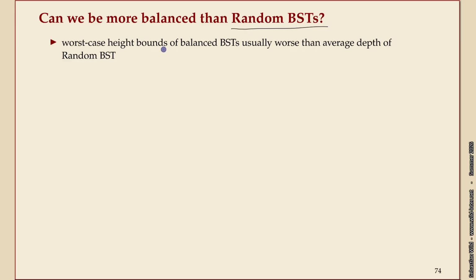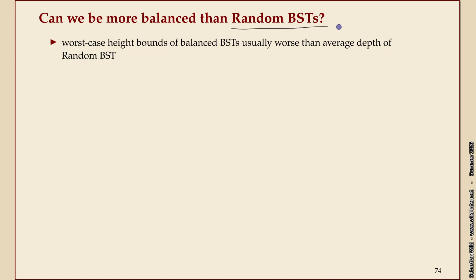One reason why you might be hopeful is that at least empirically, these worst-case balanced search trees, AVL trees or red-black trees, have a worst-case height that is far worse than the expected depth of BSTs. But if you build them randomly, they tend to have extremely low depth, very close to, say, 1.01 times log n or so.